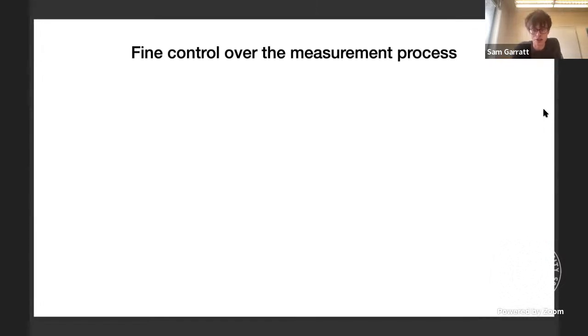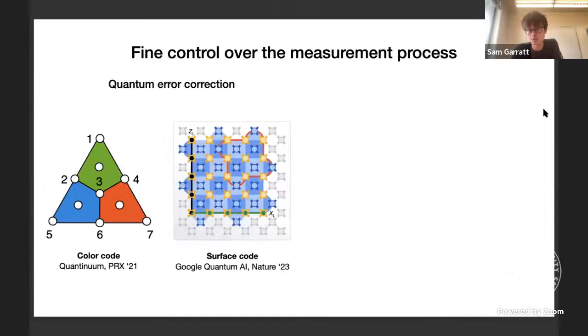And so, okay, why have we developed fine control over the measurement process? Why do we care about, say, measuring a single spin and not disturbing any of the others? Part of this is because of quantum error correction. Almost all schemes, I think all practical schemes for quantum error correction in dimensions lower than 4, require that you are able to perform local measurements on sets of qubits which do not disturb their neighbors.